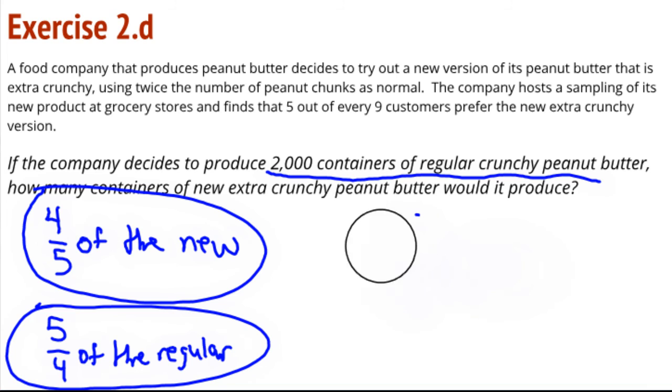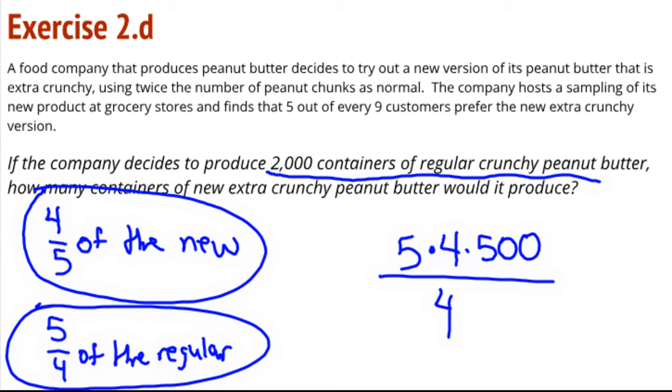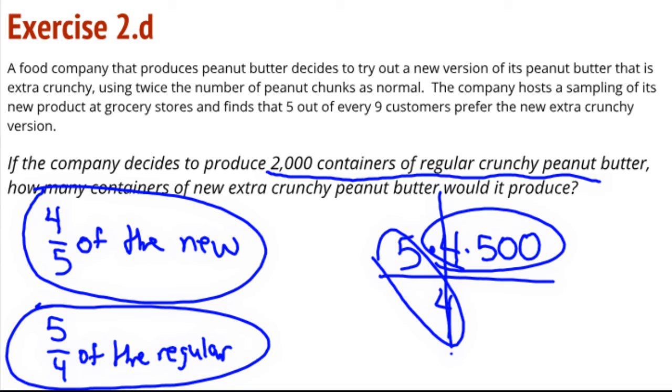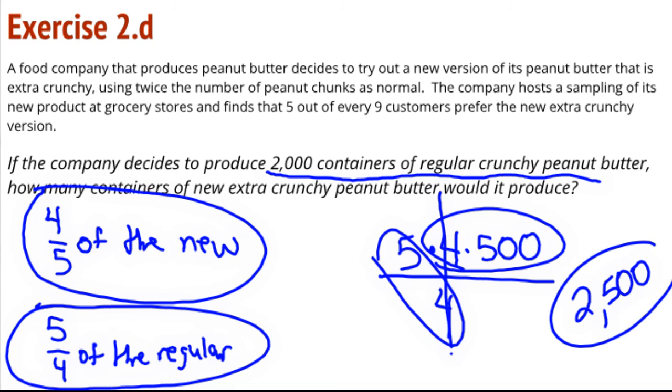So 5/4 times 2,000. And I'm going to take the 2,000 here and split it into 4 times 500. So I've got my 5/4 here and my 2,000 here. The 4s will divide, which is going to leave me with 5 times 500, and I'm going to find out that I need 2,500 containers of the new extra crunchy peanut butter.